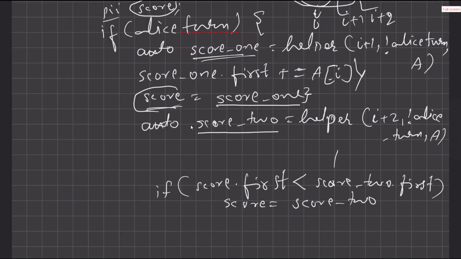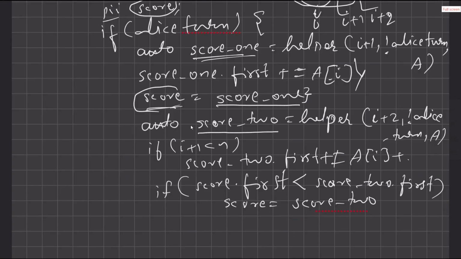Similarly we need to add two values. When you'll be adding two values, you will have to compare if I plus 1 is less than n, which means we have the capability of choosing two elements. Then score of 2 dot first plus equals array of I plus array of I plus 1. I think now you have understood why it is I plus 1 less than n.